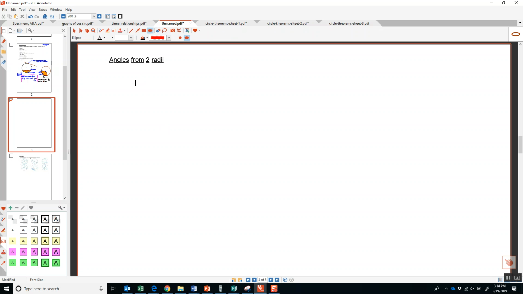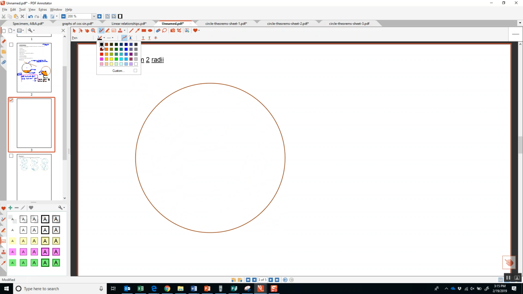Now, you'll see this, and it'll be self-explanatory. But the trick is remembering it when it comes up in a test, because there'll be so much more information on the diagram that it's easy to forget these little straightforward ones, okay? So put in your radius.